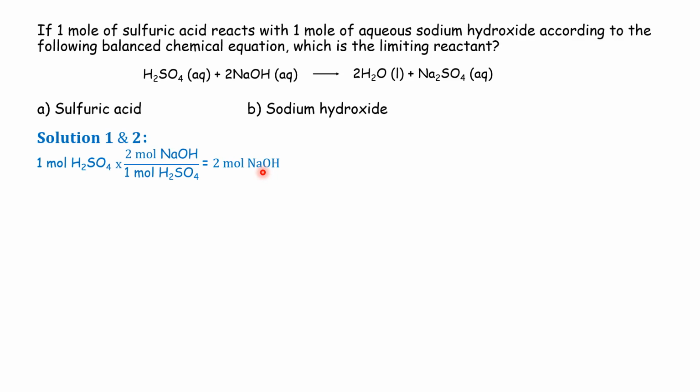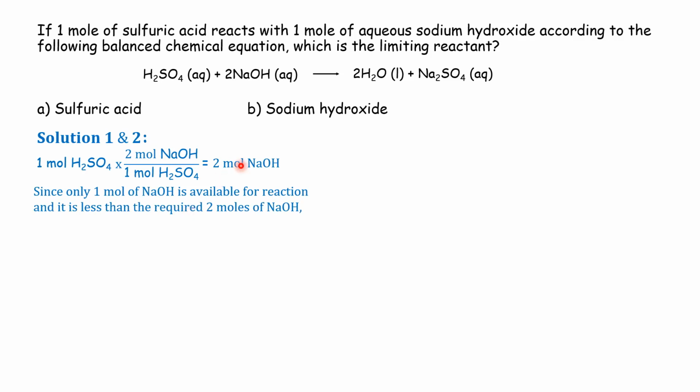In other words, 1 mole of sulfuric acid requires 2 moles of sodium hydroxide to complete this reaction. And since there is only 1 mole of sodium hydroxide available, and that is less than the required 2 moles of sodium hydroxide, therefore sodium hydroxide has to be the limiting reactant. So that's solution 1 and solution 2, basically just one solution.